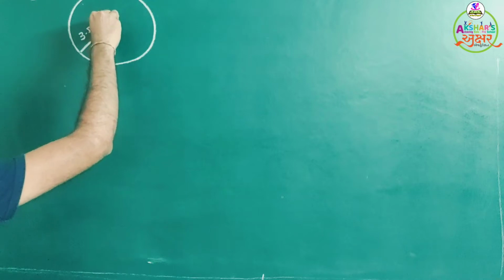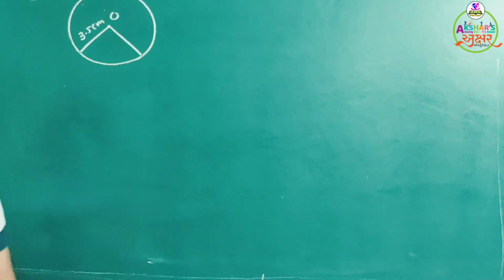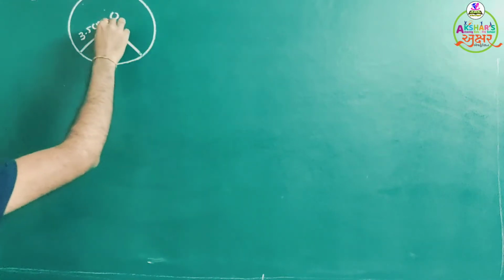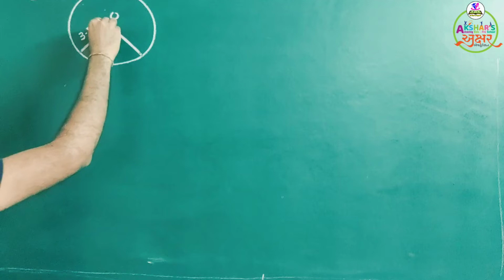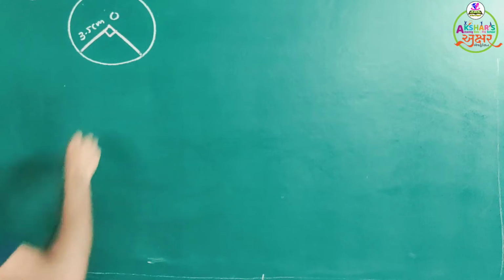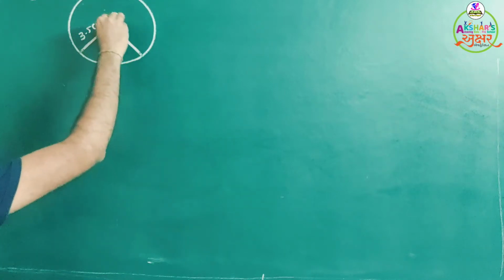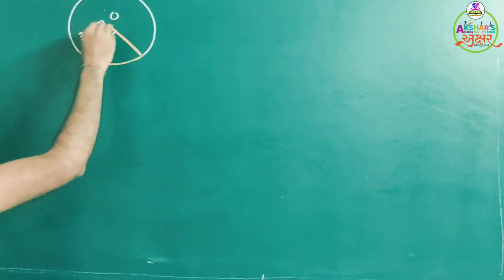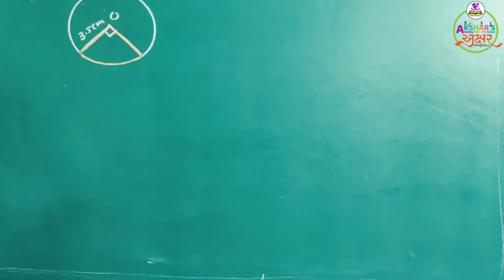So here we have to find the area of minor sector formed by two perpendicular radii of the circle. So here two radii of the circle are perpendicular to each other. So if the two radii are perpendicular to each other, we have to find the area of this minor sector. What is the area of minor sector?